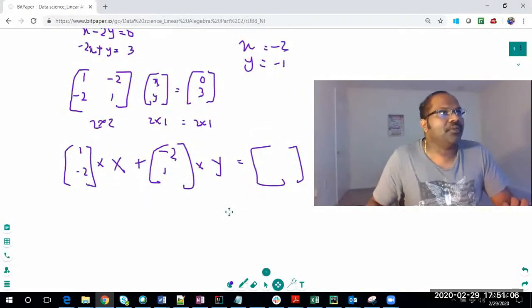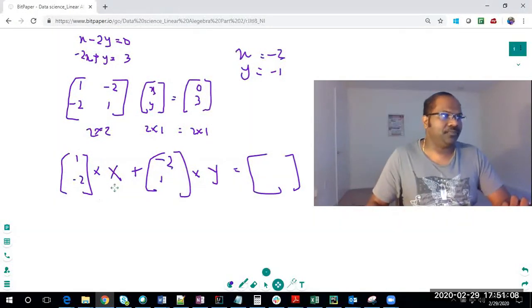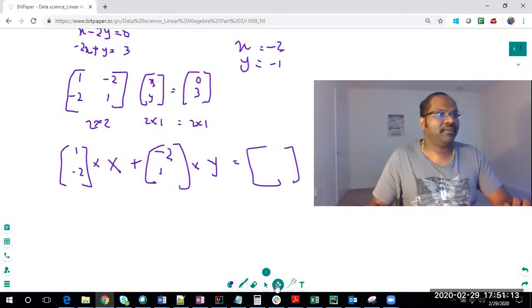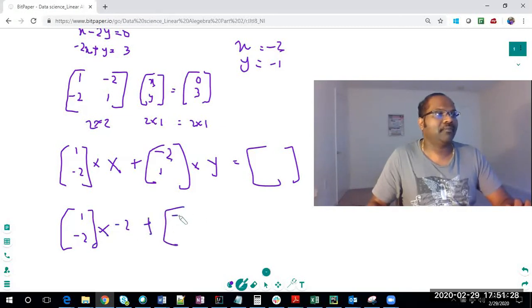So let's put those values of x and y here. Again, let us write the same vector, 1, minus 2, into minus 2, plus another vector, minus 2, 1, into minus 1. Then let's keep the blank, because we are trying to find this value.